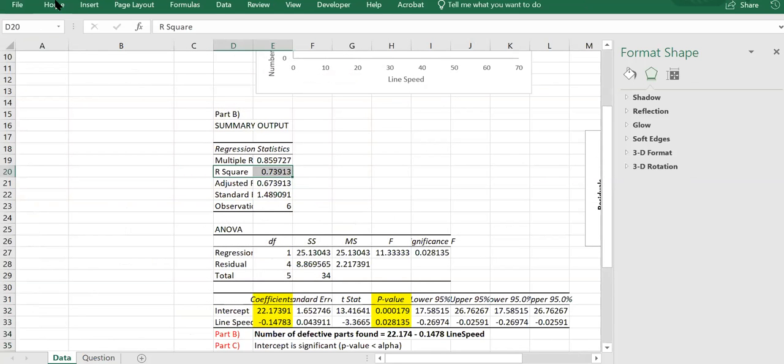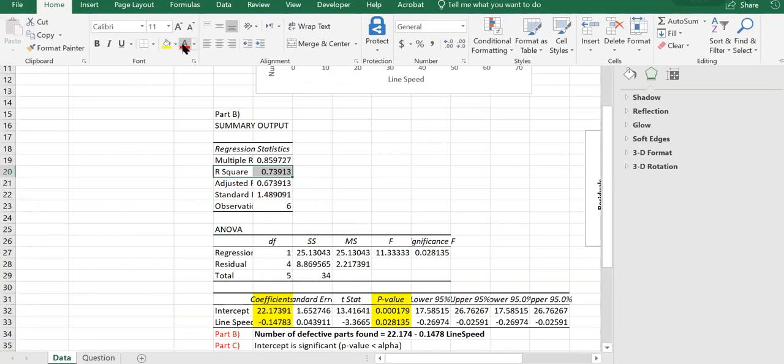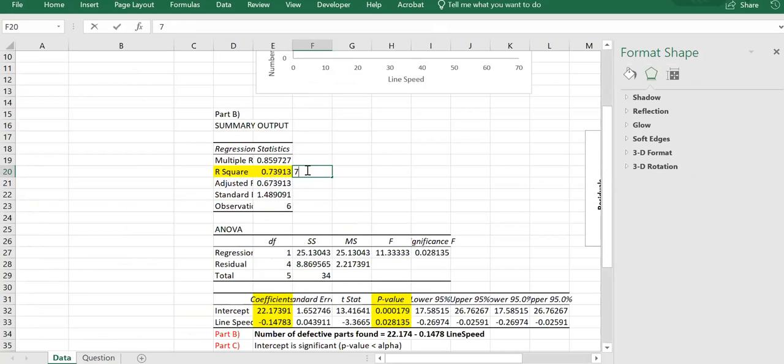So almost 74%, or 73.91% of the total variation in sample number of defective parts is explained by this model.